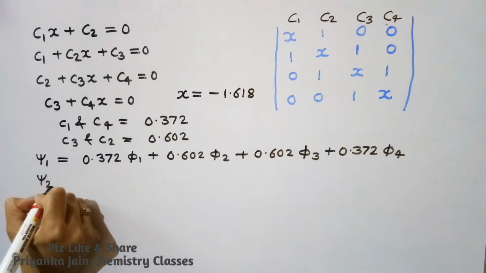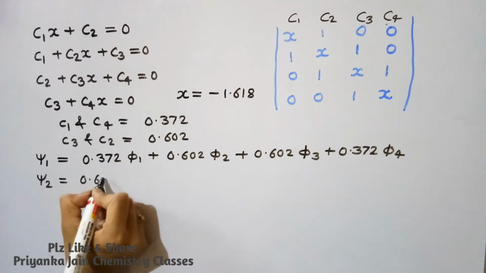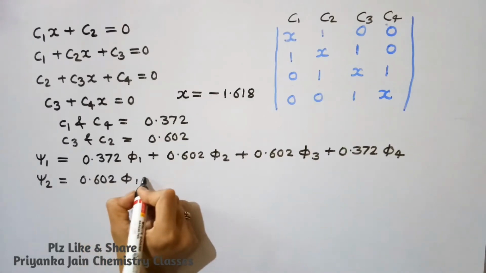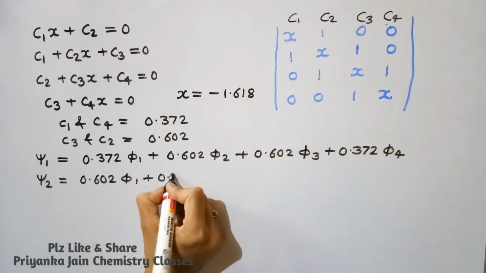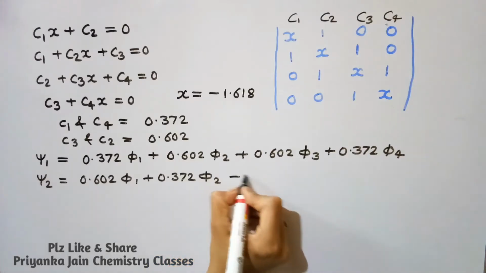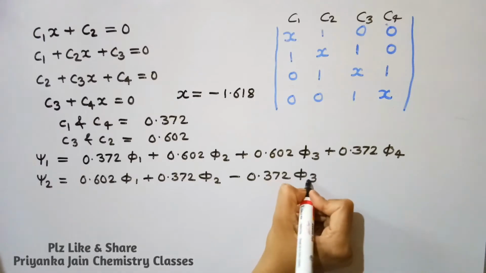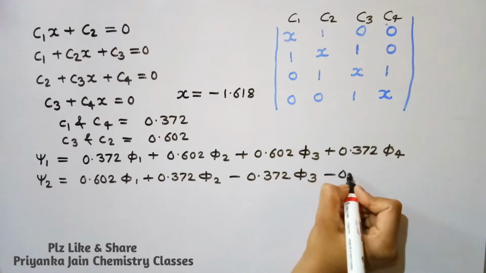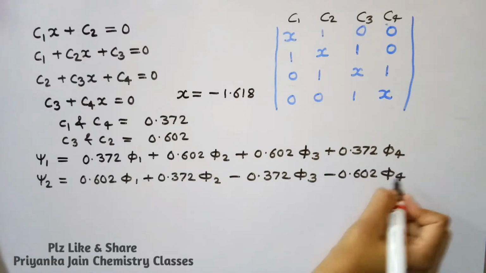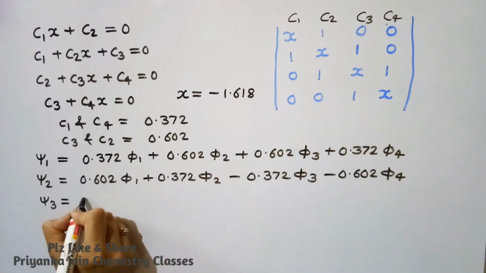Similarly, psi2 will be equal to 0.602 φ1 plus 0.372 φ2 minus 0.372 φ3 and then minus 0.602 φ4.